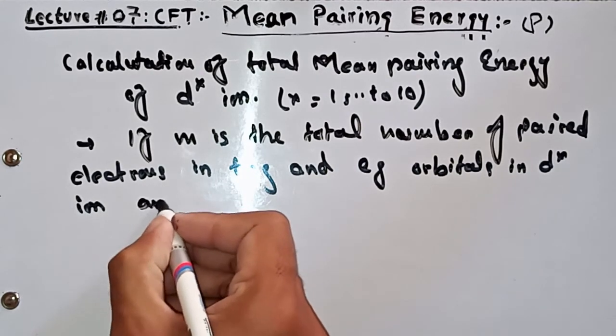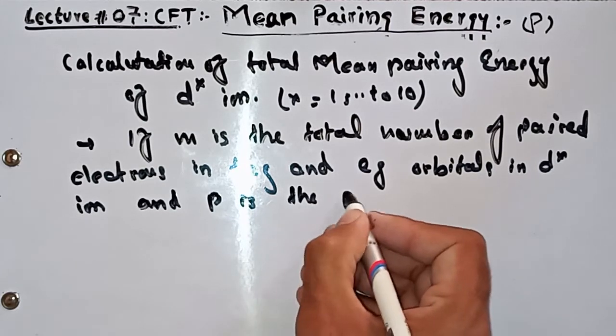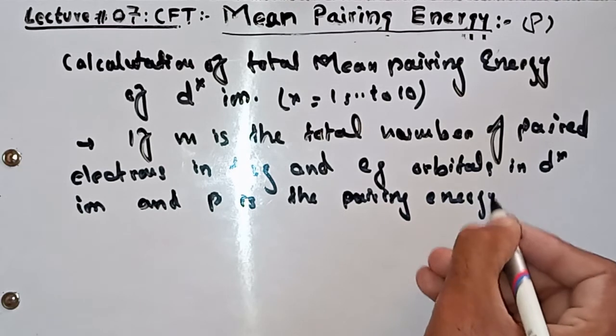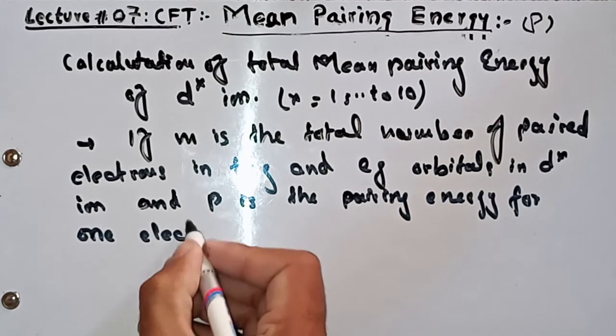And P is the pairing energy for one electron.